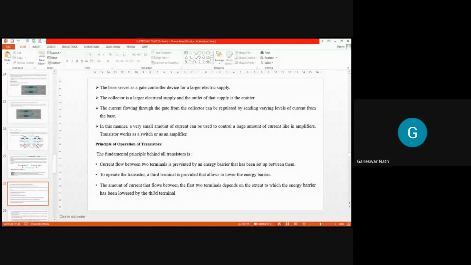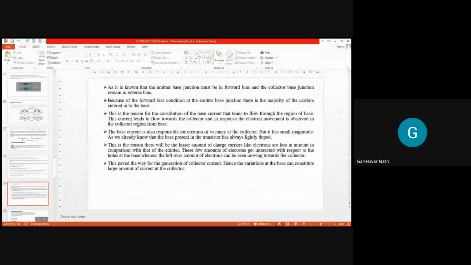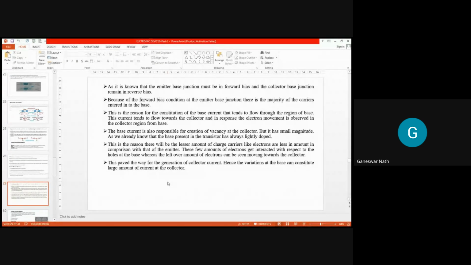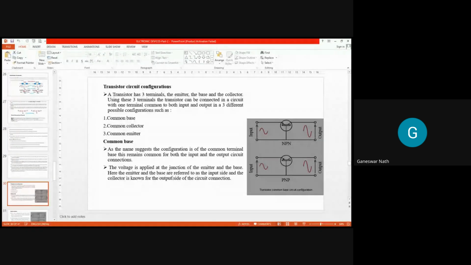The amount of current that flows between the first two terminals depends upon the extent to which the energy barrier has been lowered by the third terminal. So these are the things I told you about transistor action.